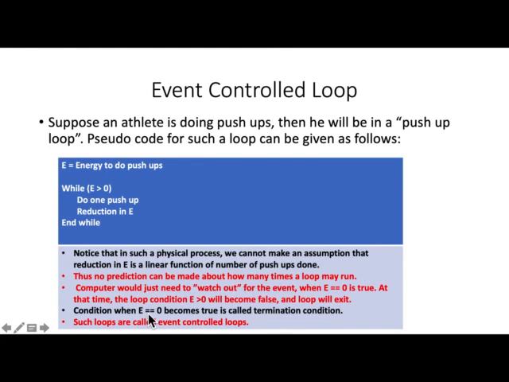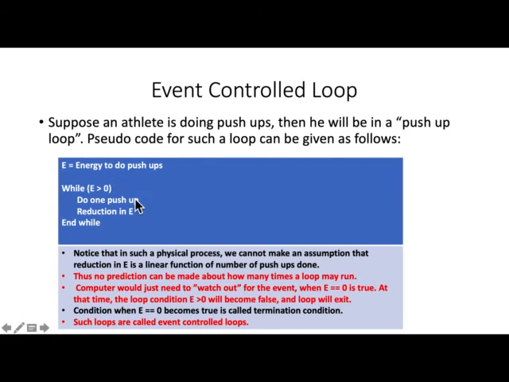Actually, this condition, E equals 0, when it becomes true, is called a termination condition. So what is the event happening in the loop? Simple. The termination condition has arrived. In this case, the termination condition was E equals 0. It might be different in other cases. Okay?